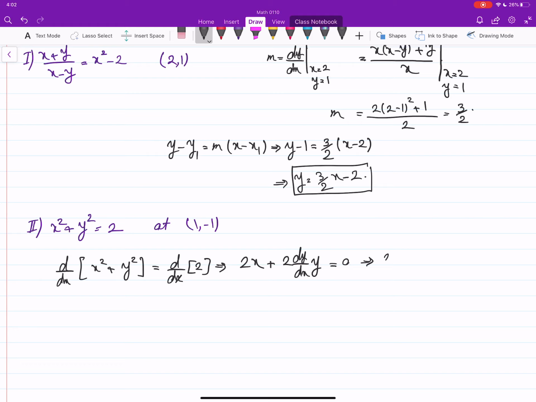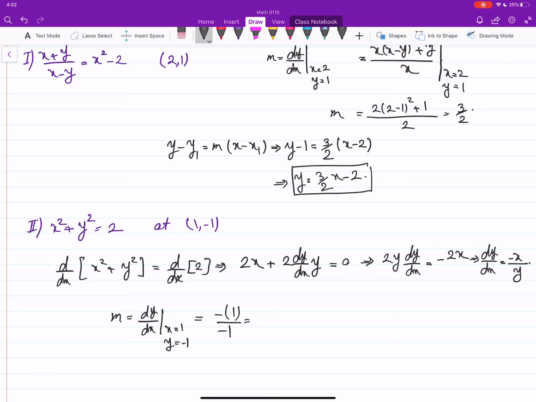From there, 2y dy/dx is equal to minus 2x, and you see that dy/dx is going to be negative x over y. Then the slope is dy/dx, but we have to plug in x equal to 1, y equal to negative 1. That gives us negative 1 over negative 1, and that is 1. The slope in this case is equal to 1.